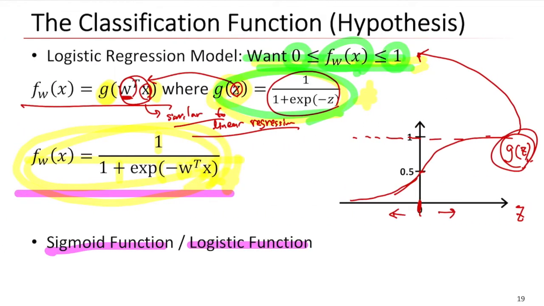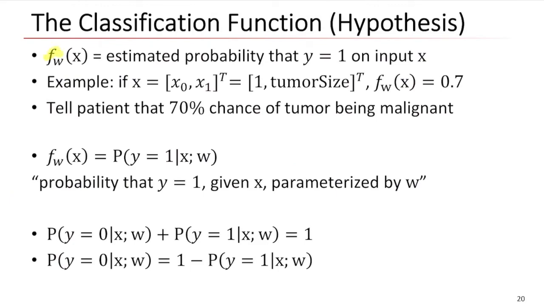Okay, so let's say f_W of x. What is the meaning of f_W(x)? We can say that this is the probability that y is equal to 1 on input vector x. Let's see the example. We have input variables x0 and x1.